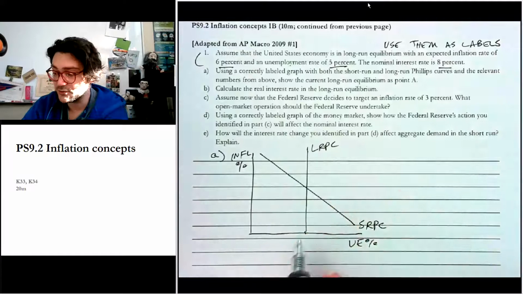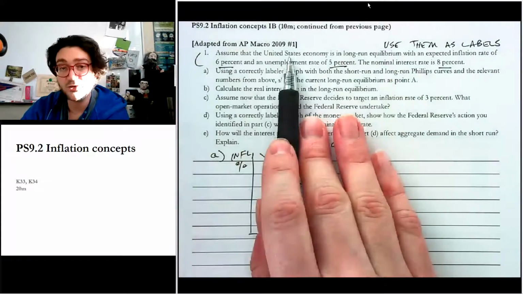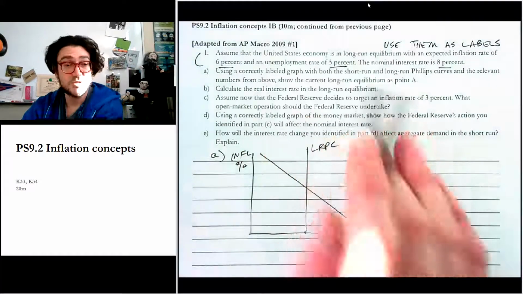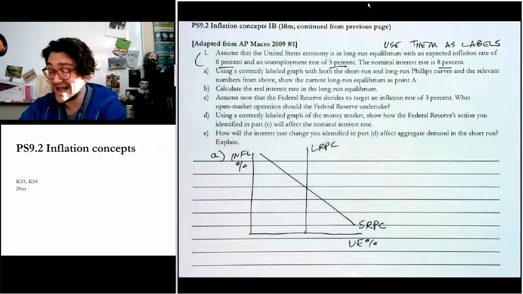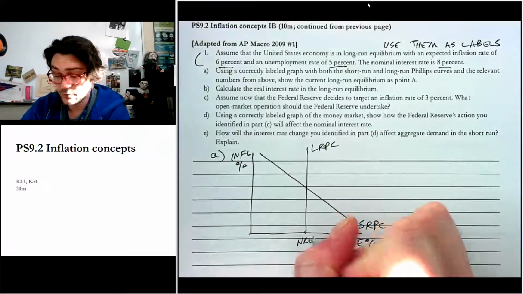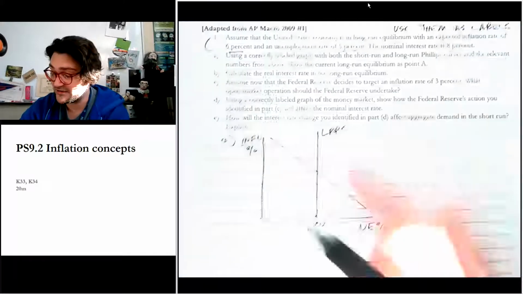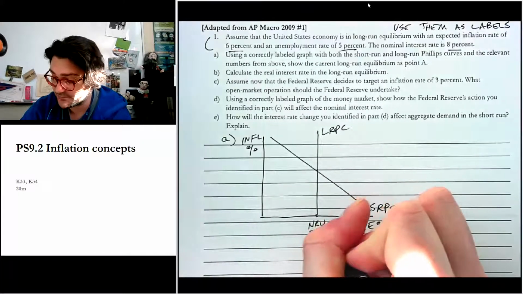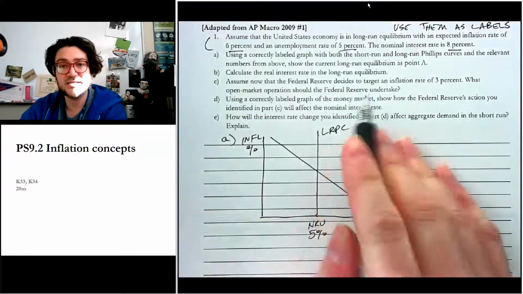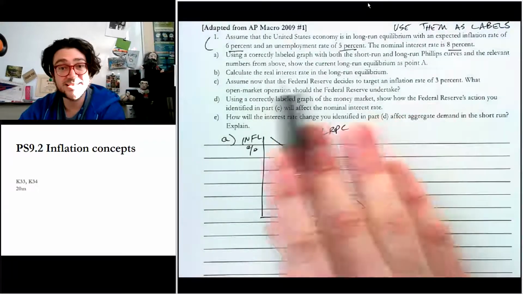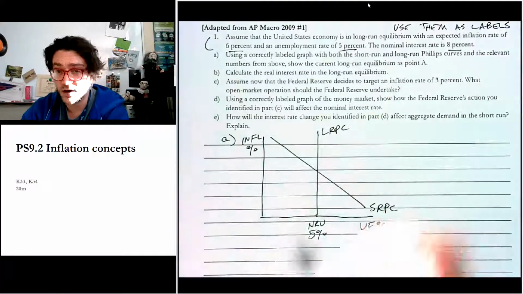And we know that that's NAIRU and all that good stuff. And it tells us that the US economy is in long run equilibrium, so already we know we are at NAIRU, right? We're at this NAIRU level. So what is that unemployment rate? Well, it's 5%. So we're just going to put here 5%. And then it says the expected inflation rate is 6%. And that's where we are.